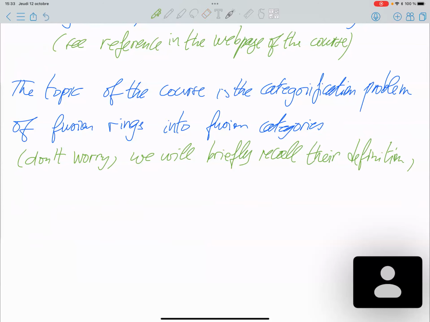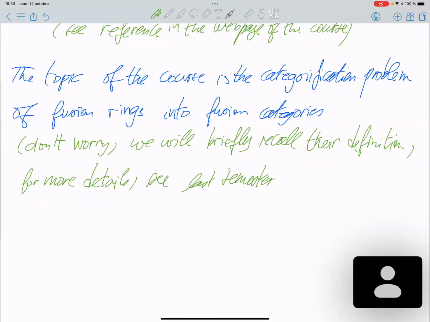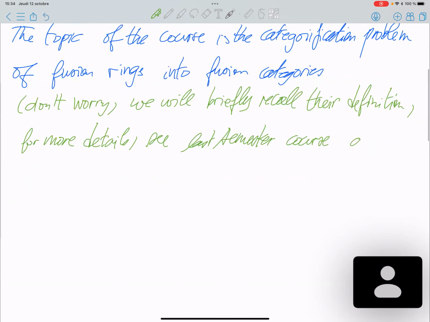For more details, see last semester, that course. And also the book Tensor Categories by Etingof, Gelaki, Nikshych and Ostrik, in the references.